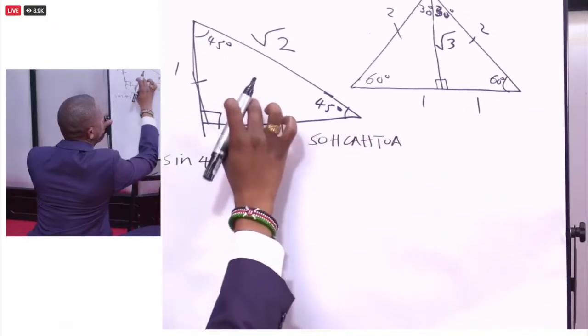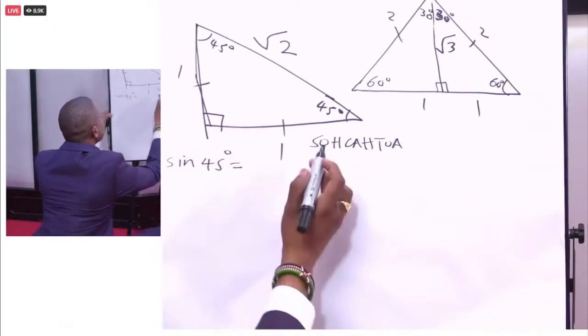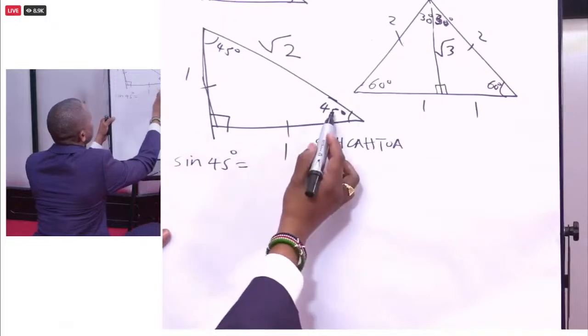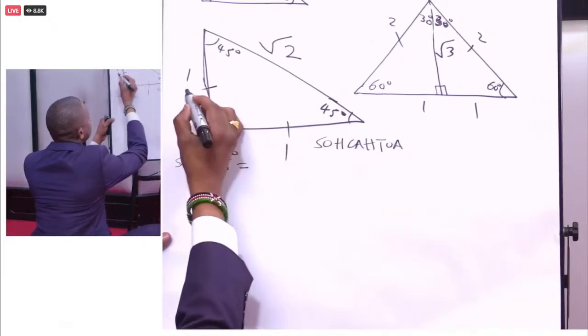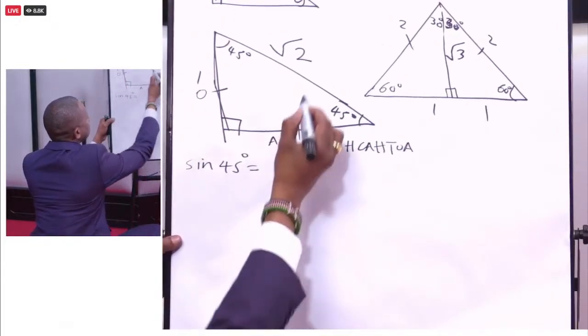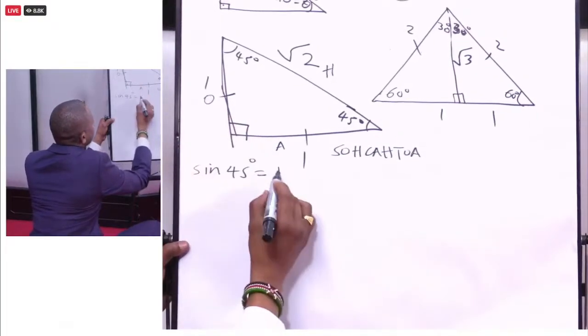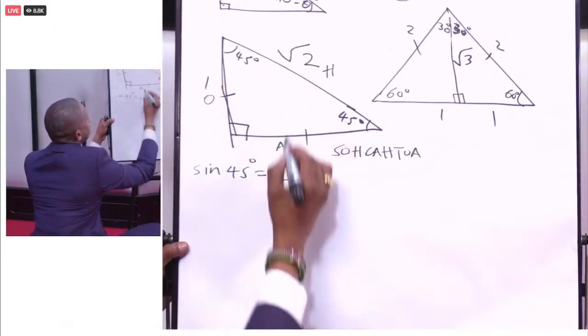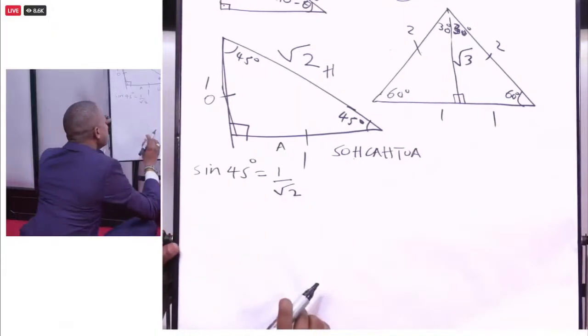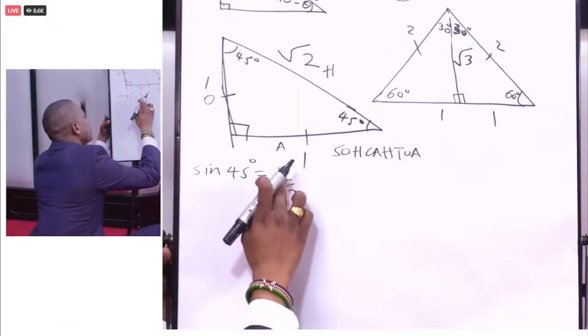We are on this triangle for 45 degrees. So sine 45 equals opposite, over hypotenuse. Opposite is 1, hypotenuse is root 2. So sine 45 is 1 over root 2.